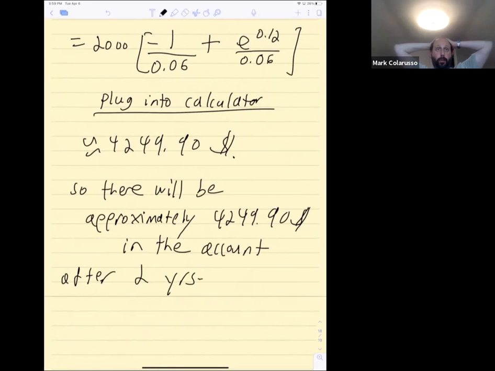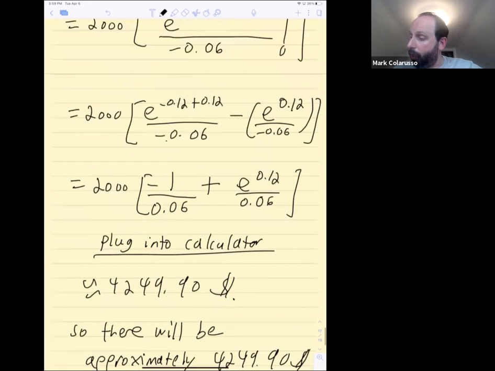This will be approximately $4,249.90 in the account after 2 years. Okay, so I think I'll make sure that there aren't any big boo-boos here. I think everything is good.